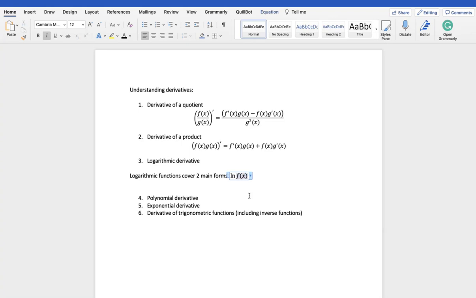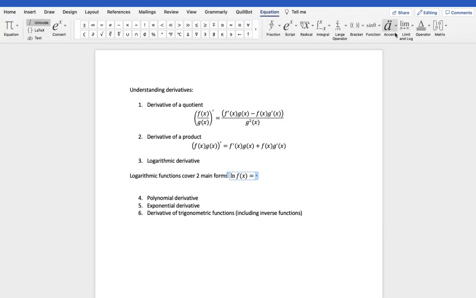That's just one specific form, and remember that it is equal to the logarithm of f of x in base e, e being a specific number when you look at logarithmic functions.